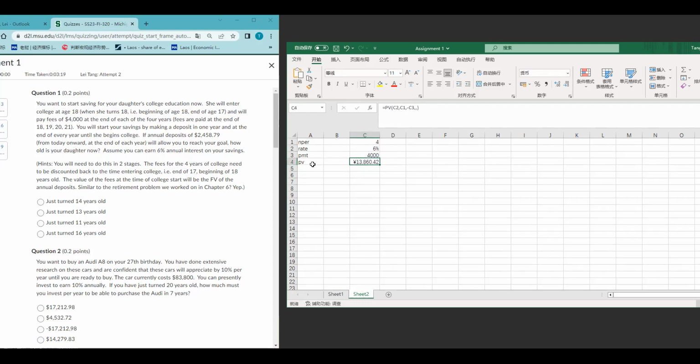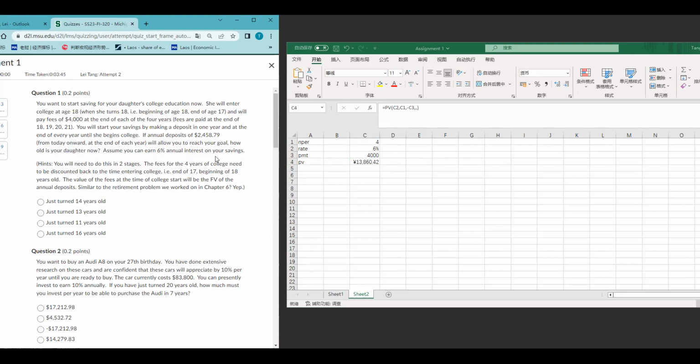So since we know the present value for that one, next step, the question is, if we deposit like this, how old is your daughter right now?